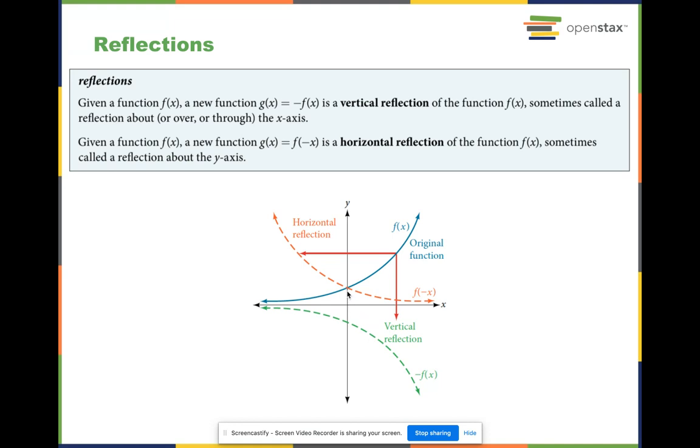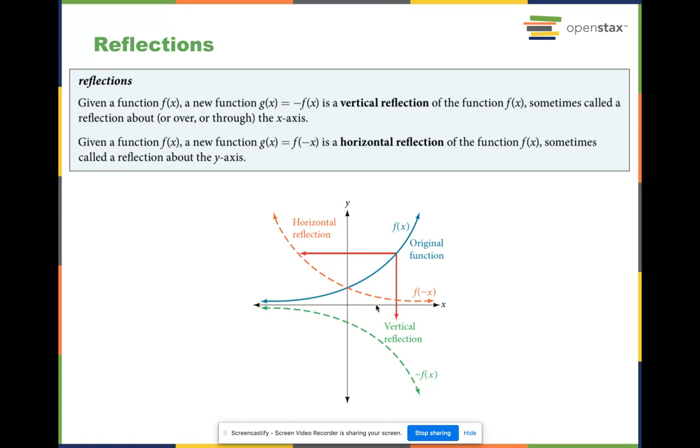We can also do a horizontal reflection about the y-axis. Here our original function is blue. A horizontal reflection is across the y-axis. It's this new red graph. Everything that was on the right side moves to the left. The way that happens is g of x becomes f of negative x.